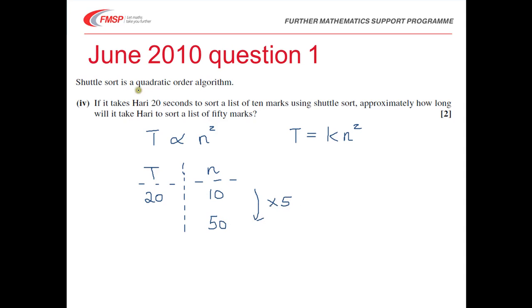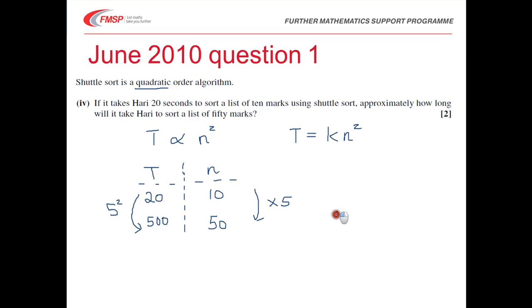But because we have a quadratic order here, I'm going to multiply that by 5 squared. Squared being for the quadratic. And 5 squared is 25, and 25 times 20 is 500.